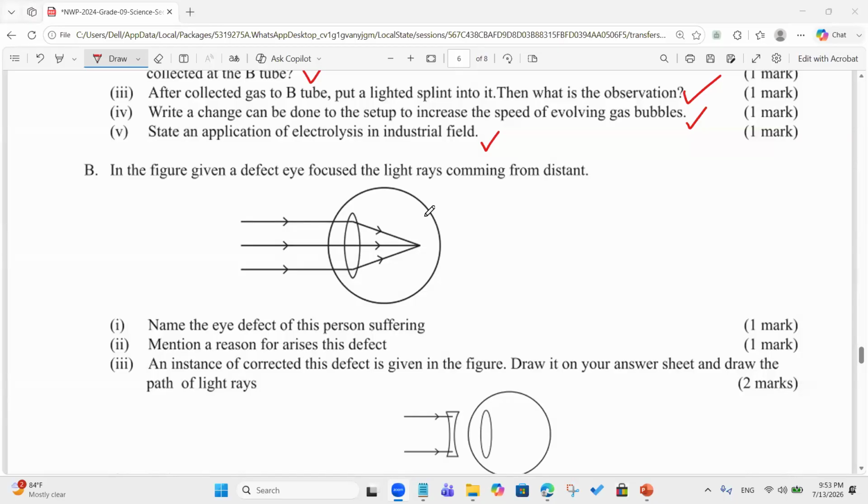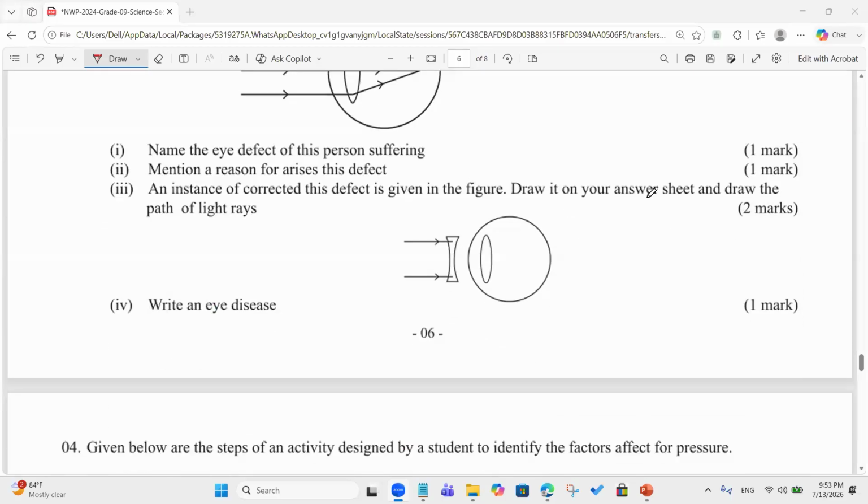An instance of correcting this defect is given in the figure. Draw it in your answer, and then you have to complete this path. Now you can see the two lines are given. Let me complete the rest.